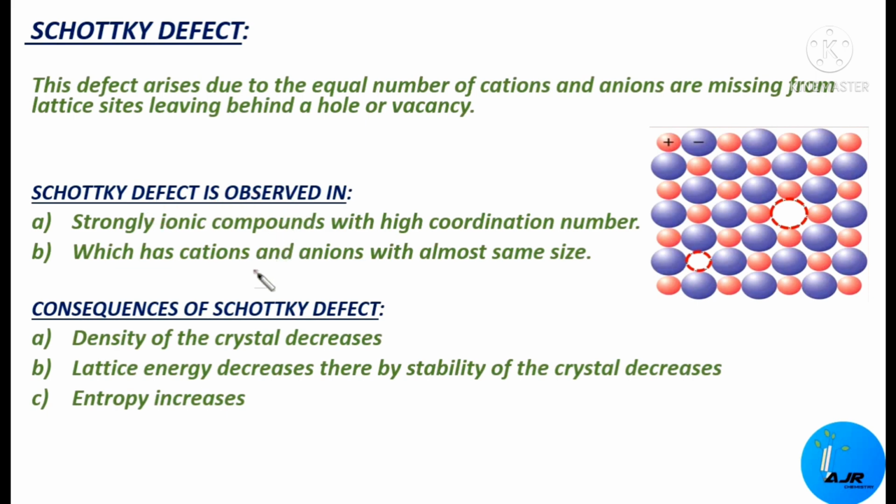Examples of such crystals are NaCl, potassium chloride, potassium bromide, cesium chloride, and silver bromide. These are the crystals in which we can observe this Schottky defect.